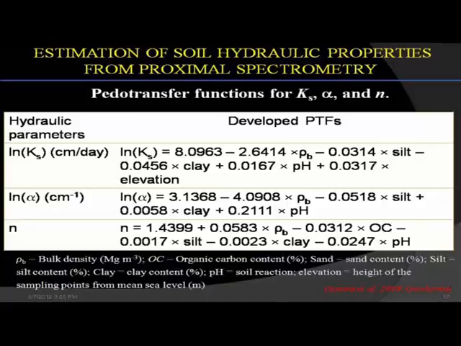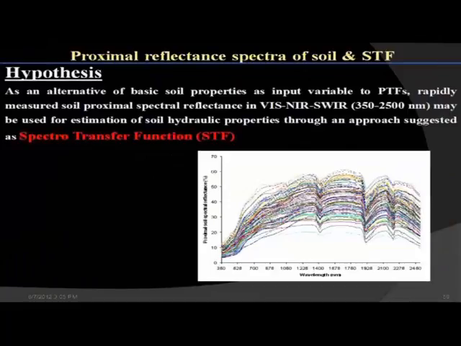So if we are able to estimate, as I discussed till now, pH, bulk density, texture through the hyperspectral remote sensing data, then I should be able to also retrieve hydraulic conductivity. So with that concept, we developed a term called spectro transfer function. This is work in collaboration with IIT Kharagpur, which we have done.